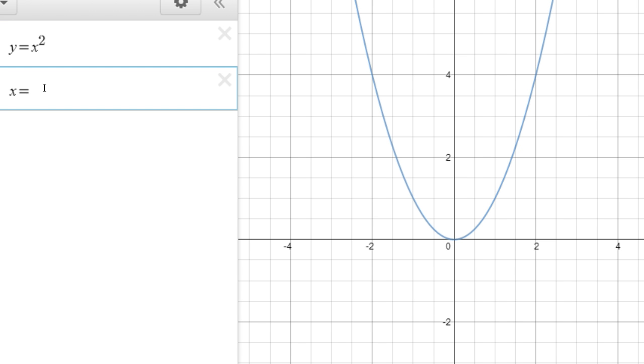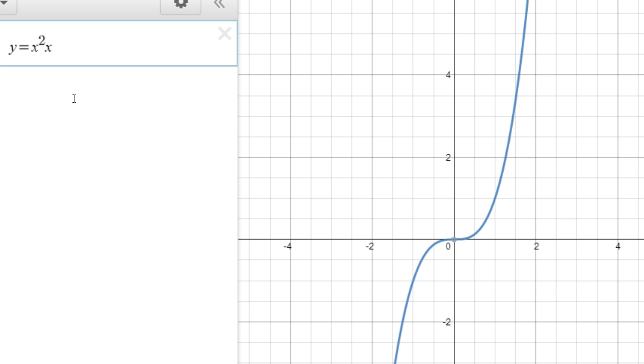So x equals, let's go k. Well, that's not working, so why is that? Oh no, it's y equals. Yep, sorry, geez. No, it's x equals a.